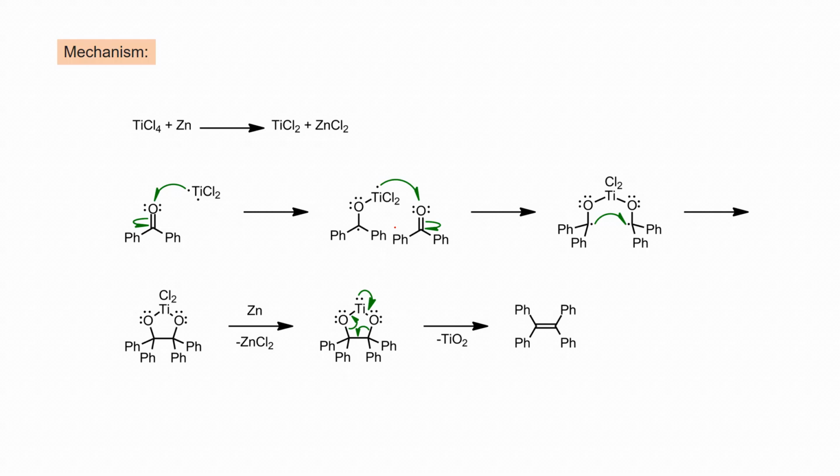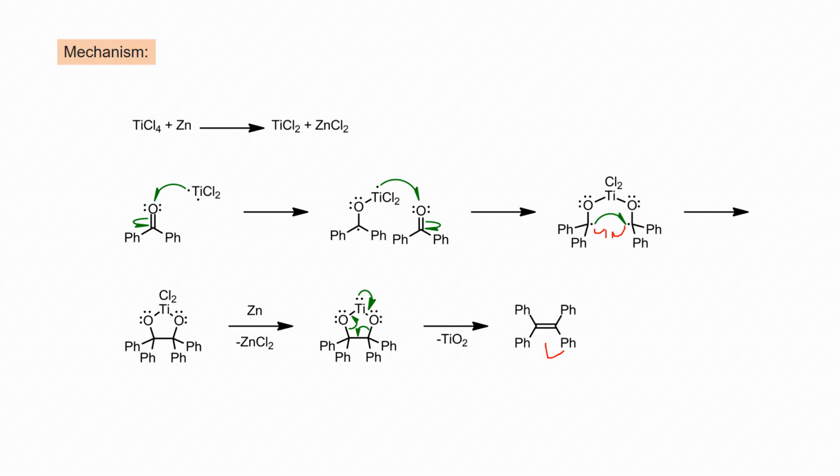After that, the titanium has another single electron which will do the same with another molecule of carbonyl compound, and both of these carbon radicals will couple to form a carbon-carbon single bond, and through a rearrangement it will form this alkene as a product.